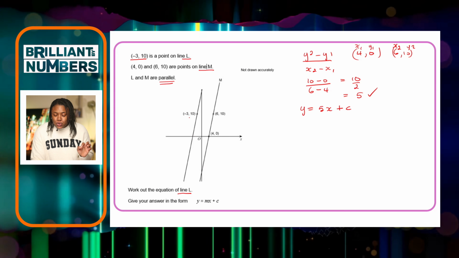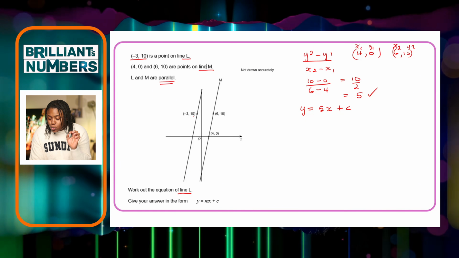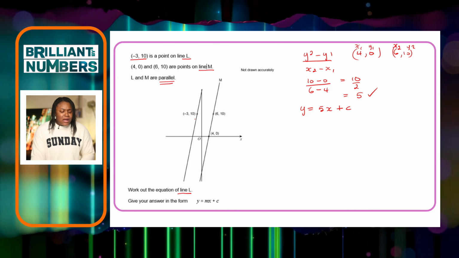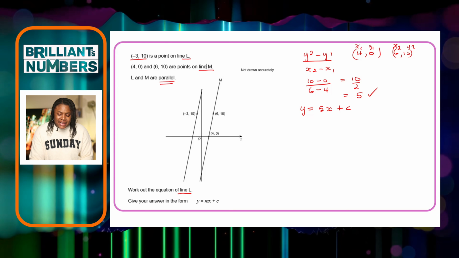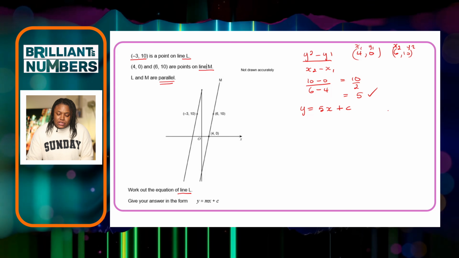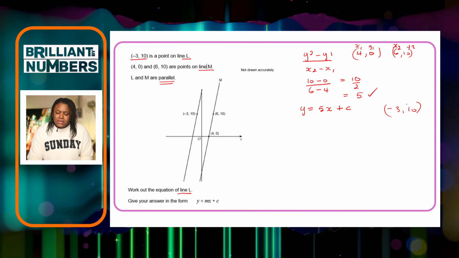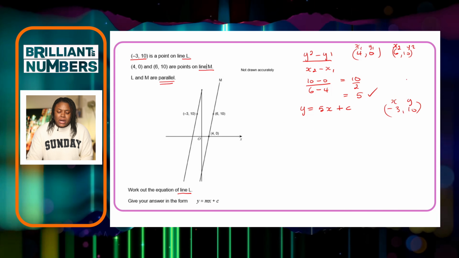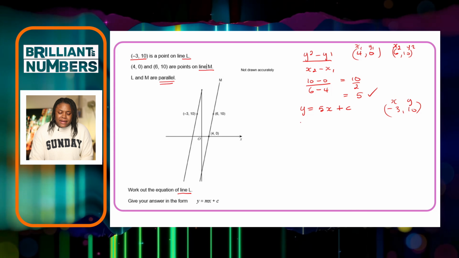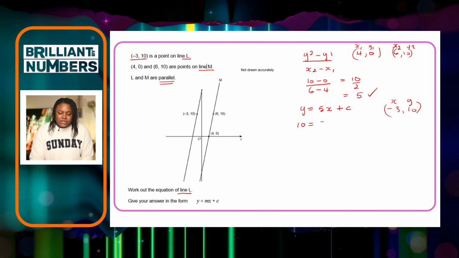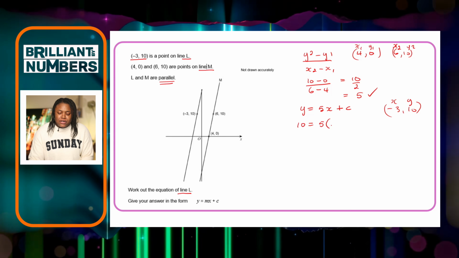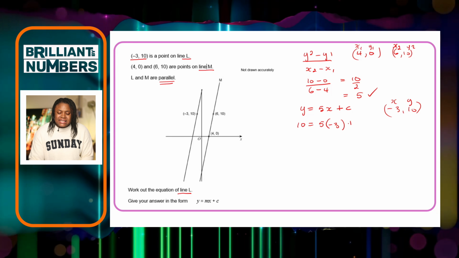So I'm going to use that point, substitute it into what we've got now. Then I will have the constant at the end, which is my c. So let's go. I'm going to do minus 3 and 10. So let's label. This is my x coordinate. That's y. So I'm going to substitute y for 10 here, equal to 5 times by minus 3 plus c.